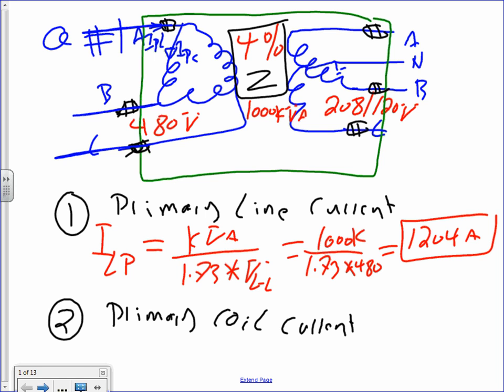Any questions, guys, about the primary current? Piece of cake? We just started here. Probably a picture for us here.